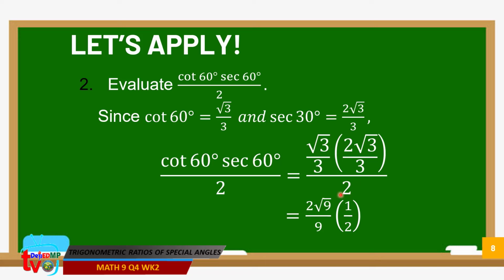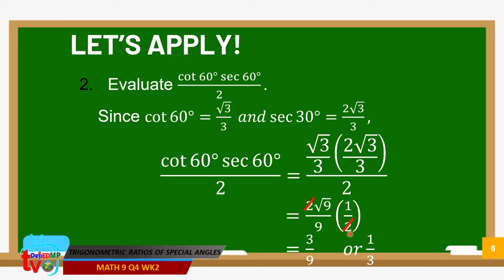So I multiplied 2 square root of 9 over 9 by 1/2. Now, to simplify further, we have here a common number in the numerator and the denominator. Let's cancel that out. So we have 2 divided by 2 is 1.